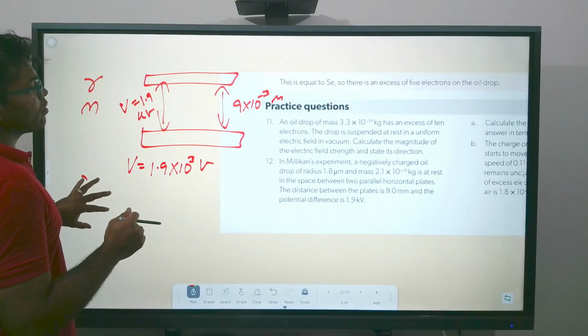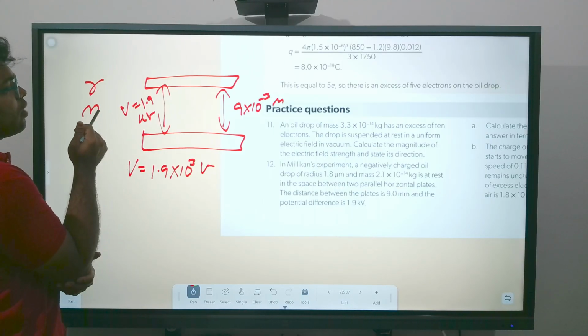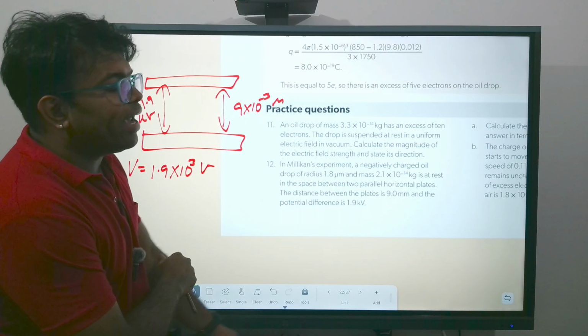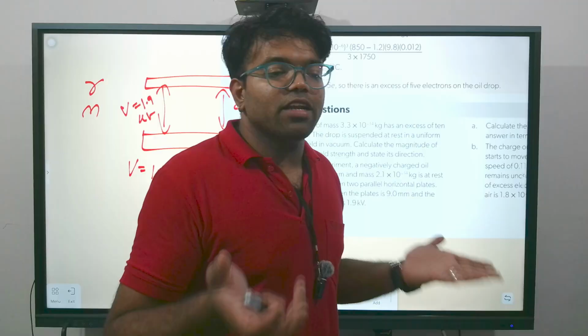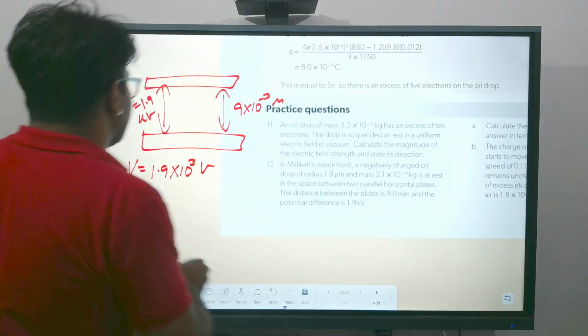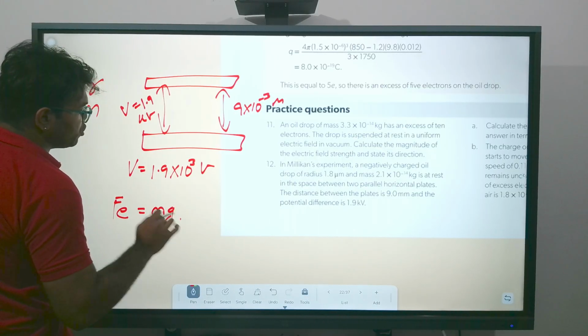Weight should be equal to, there is no drag force here because it's at rest. Electric field force. Therefore you should say that force due to electric field should be equal to mg.